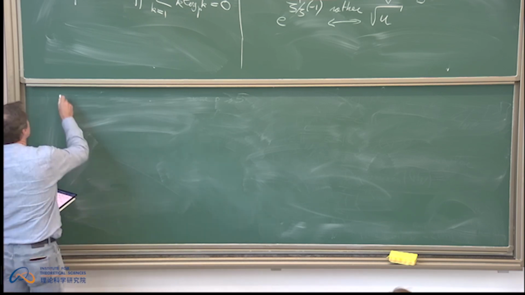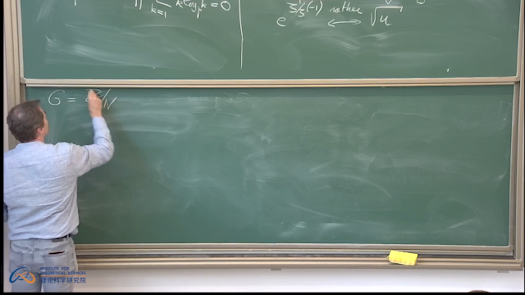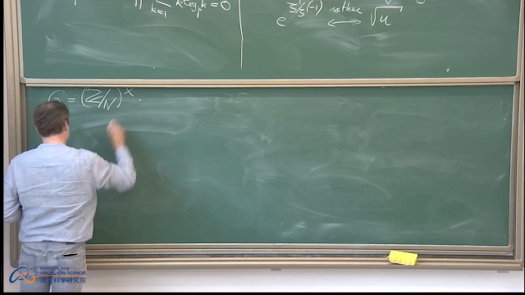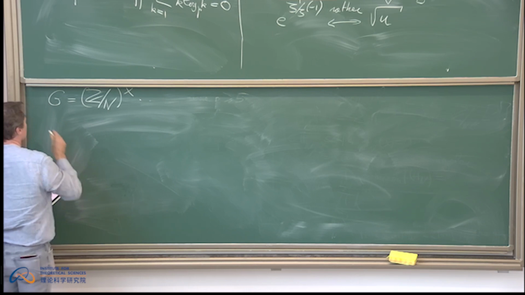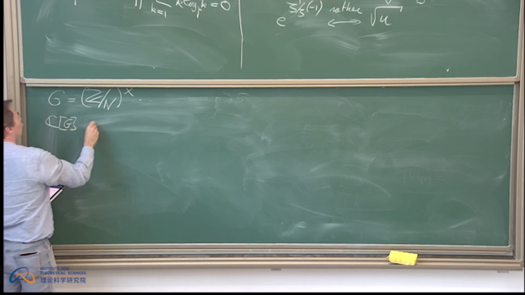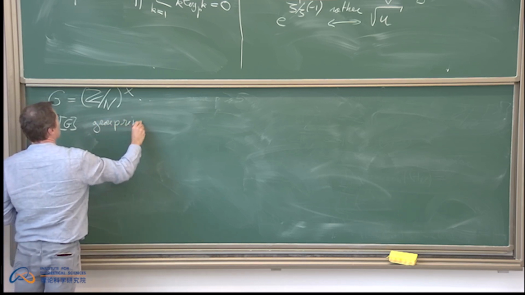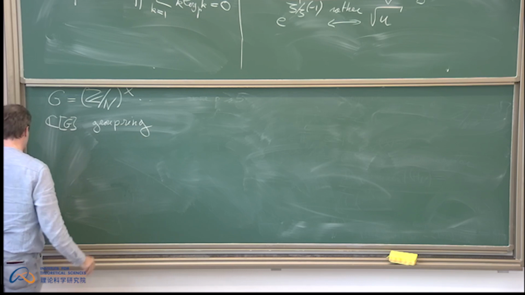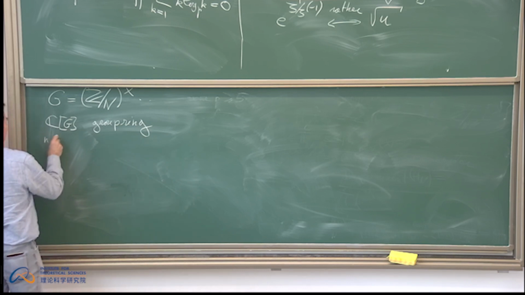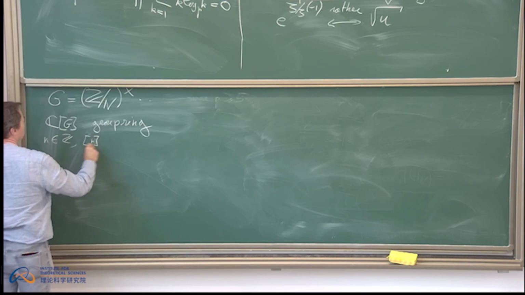Okay, so let G be a group Z mod capital N Z. And you consider C bracket G, the group algebra. So in particular, if you take an integer n, then you can consider bracket n.